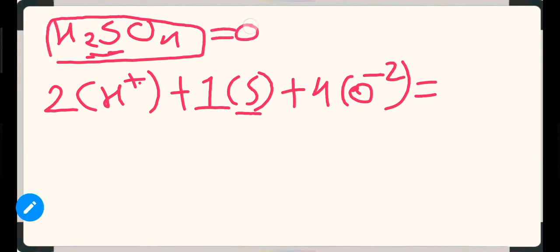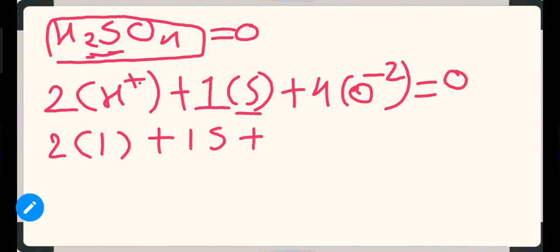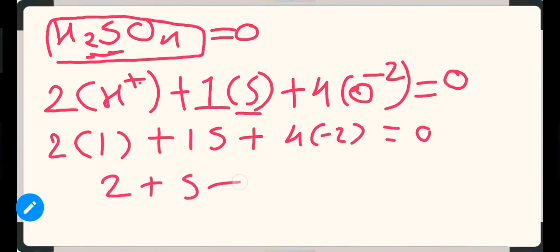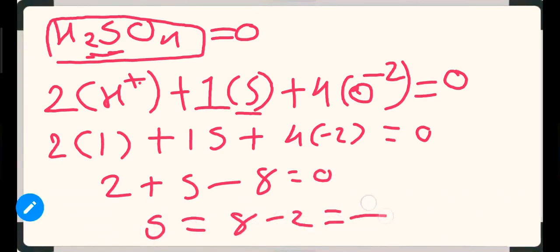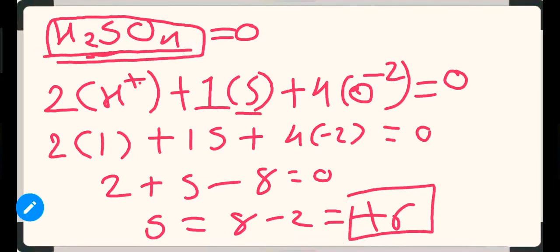Now the H2SO4 molecule is neutral, so the total is 0. Putting in the values: 2 multiplied by 1 plus 1 sulfur plus 4 multiplied by minus 2 equals 0. So 2 plus sulfur minus 8 equals 0. That is why sulfur equals 8 minus 2, which is plus 6. So the charge of sulfur in H2SO4 is plus 6.